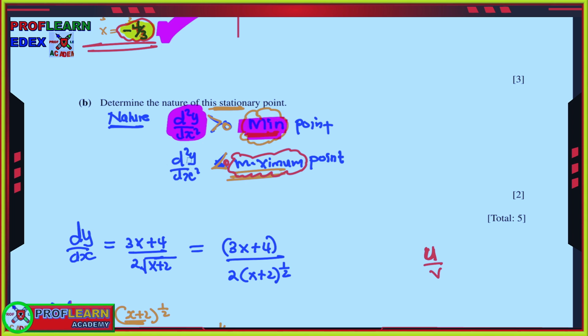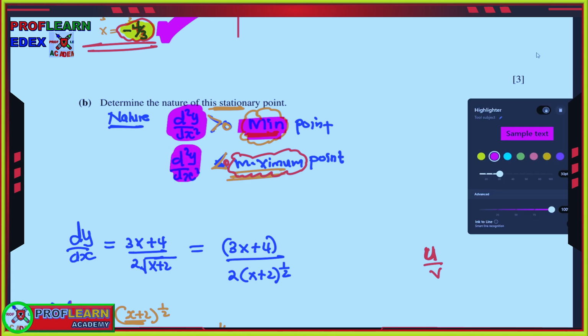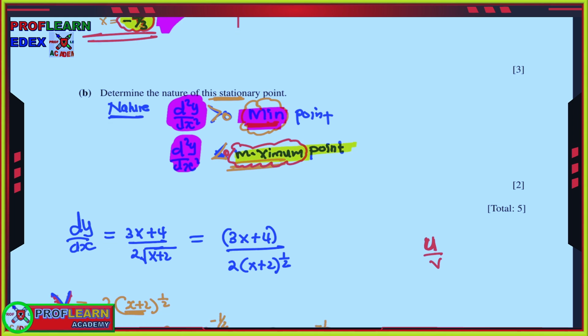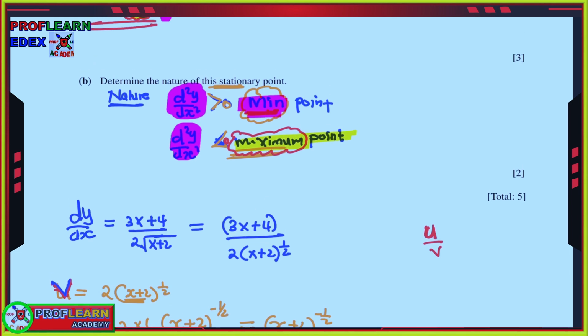If you work out and you find that d²y/dx² is less than 0, that becomes the maximum point.